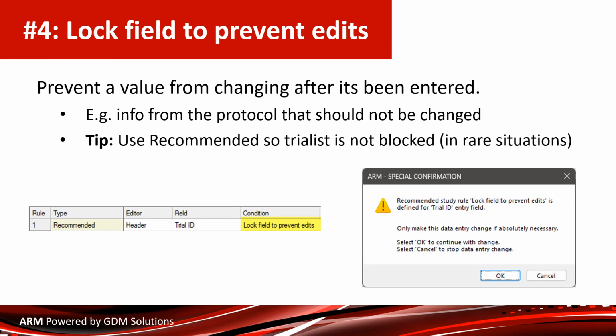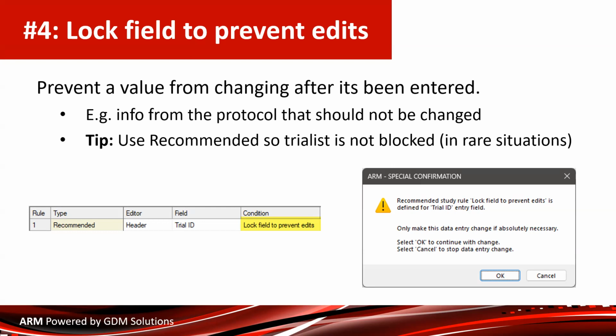Having it set to recommended gives the flexibility for the trialist to change it when it's absolutely necessary. And they'll still see this message, so they're still warned. They won't just randomly be changing things. There'll be a stern warning to them that they need to consider whether this really needs to change or not.